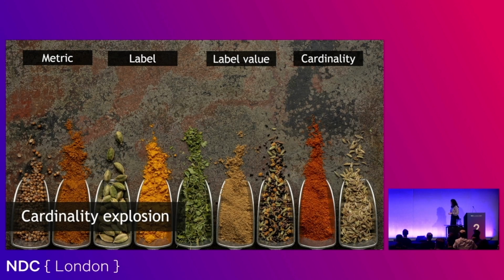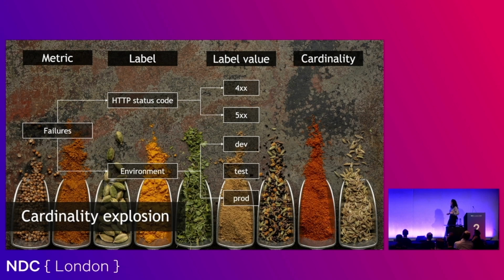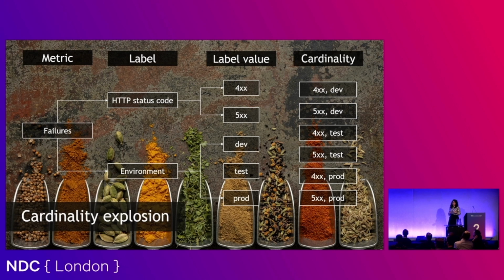that exactly? Well, think of a metric as something that you can add labels to, right? So let's say that we want to capture a metric for the amount of failures that is possibly happening in our system. And we want to add a label to that to get insight into which HTTP status code was that. But we also want to capture the environment in which that may be occurring. Now, when you think about the cardinality, you have to think about every possible single label value each of those labels could have, and that is your cardinality.